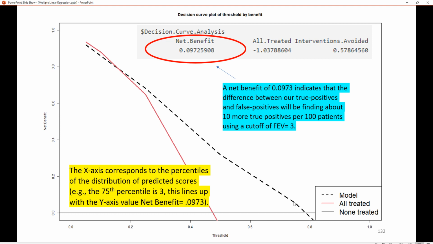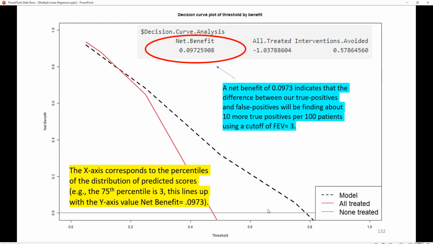So right around, probably around here is where that net benefit of 0.0973 is, and that's roughly about the 70th or 75th percentile. So imagine where that x-axis has 0.75. If we go up, it corresponds to the net benefit of 0.0973.